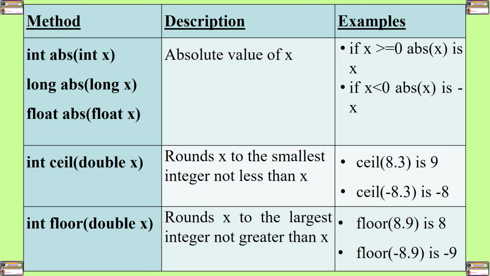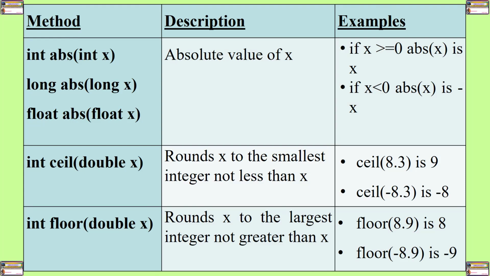Simply, what this does is it rounds the value you have given that has decimal points to the smallest integer that is not less than the value being passed to the method called ceil. An example is ceil of 8.3, and the answer returned is 9.